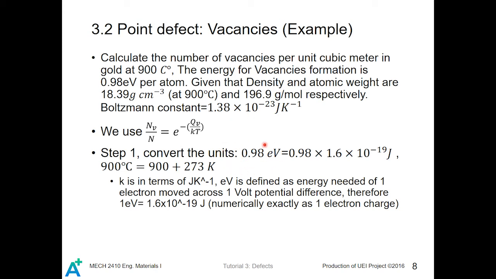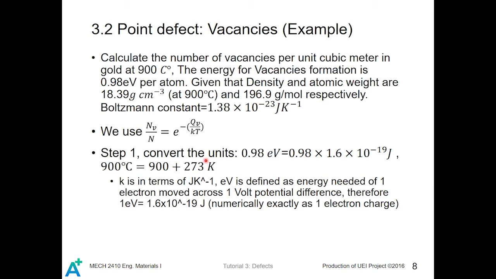0.98 eV is equal to 0.98 times 1.6 times 10 to the power negative 19 joule. 900 degrees Celsius is equal to 900 plus 273 Kelvin.